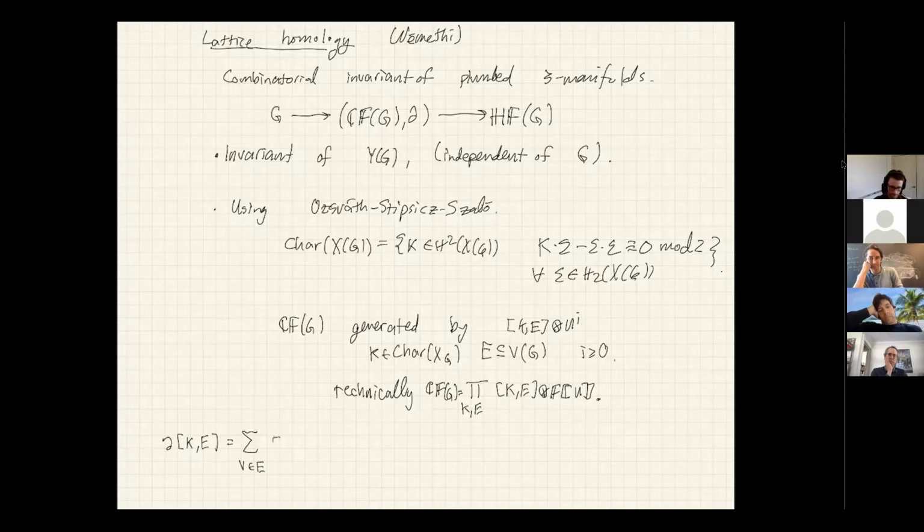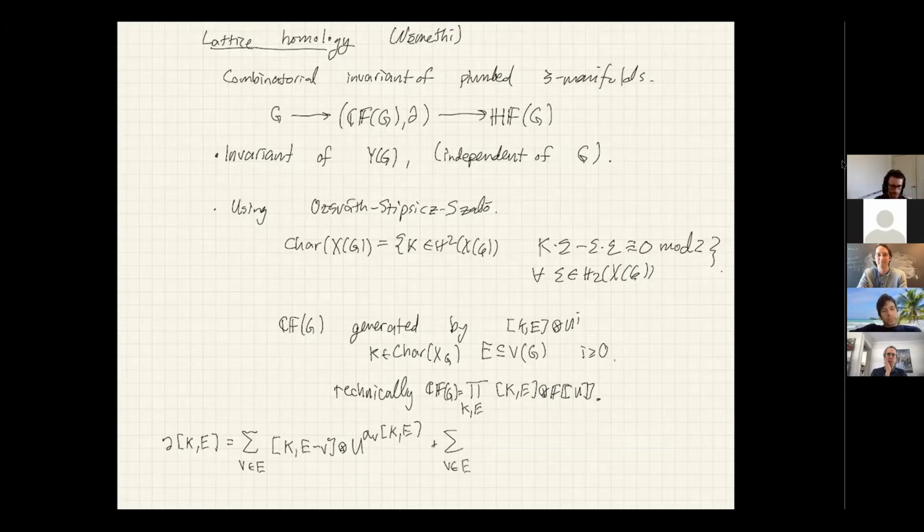In the first term, we don't change K, we just delete V, and then we multiply by some power of U, which I won't tell you what that is. So one way of deleting the vertex, you just delete it and don't do anything else.